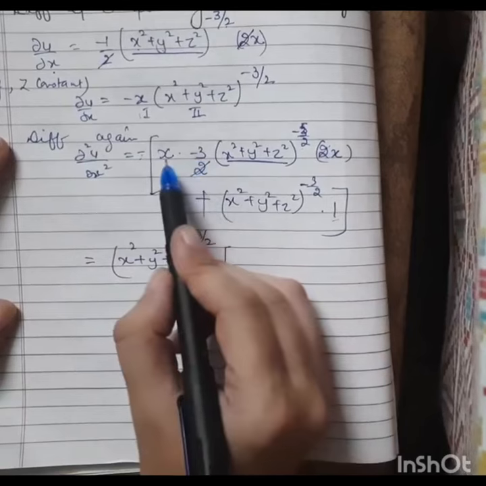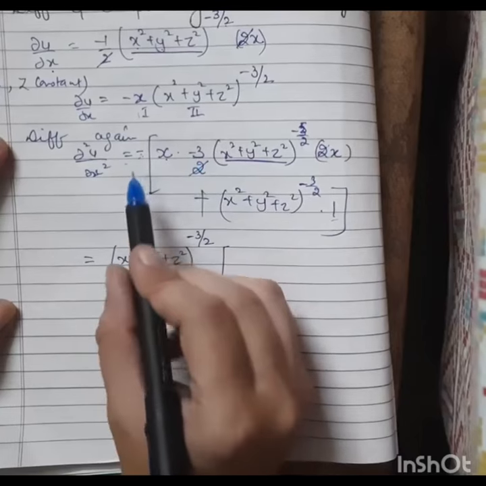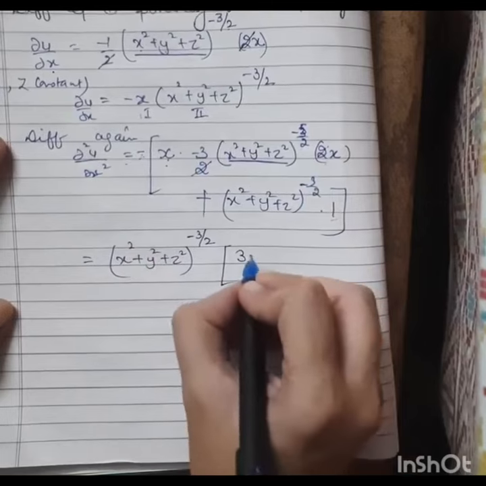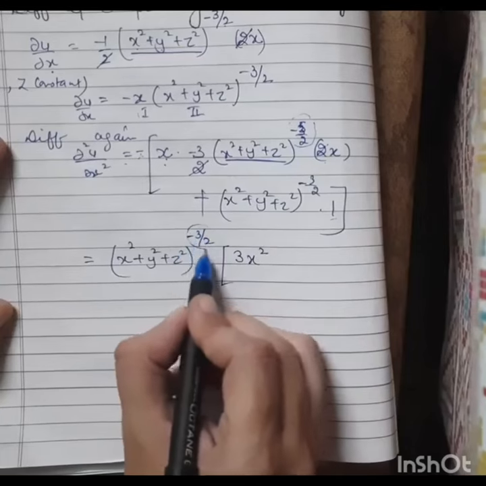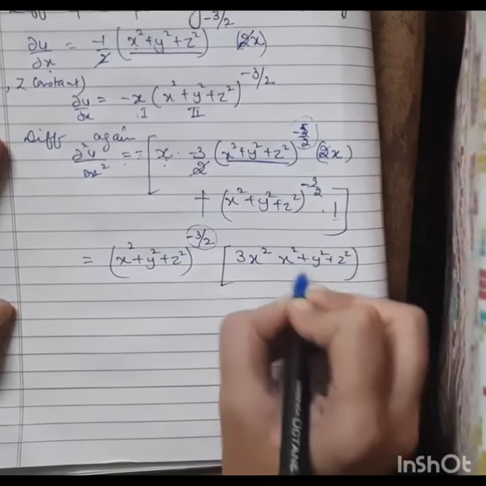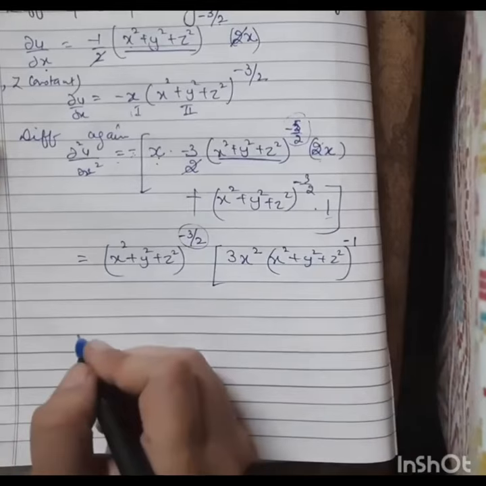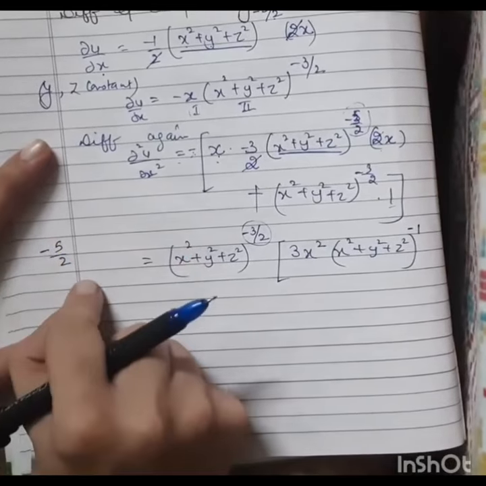So what's left inside? Now this negative is coming here, so this negative and negative will become positive. 3x into this x square. Out of minus 5 by 2, I took minus 3 by 2 common. So how much power is left? Minus 1. If you are finding it difficult, simply what you have to do: what was the total value?